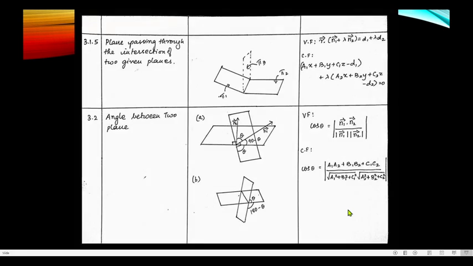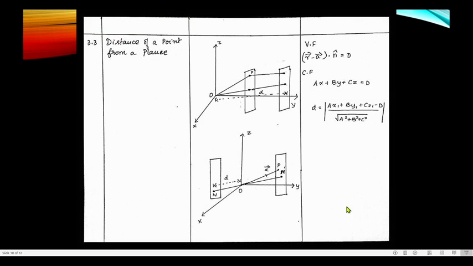Next concept is distance of a point from a plane. So we have to find the distance of a point from a plane. I have represented the diagram here and equation for this, vector form and Cartesian form. Vector form is r vector minus a vector dot n cap is equal to d. Cartesian form is ax plus by plus cz is equal to d.